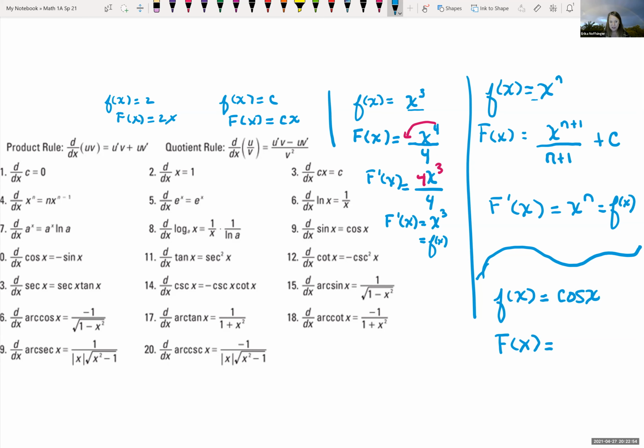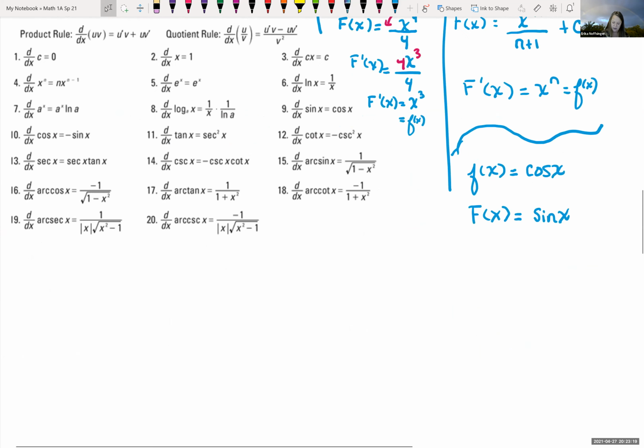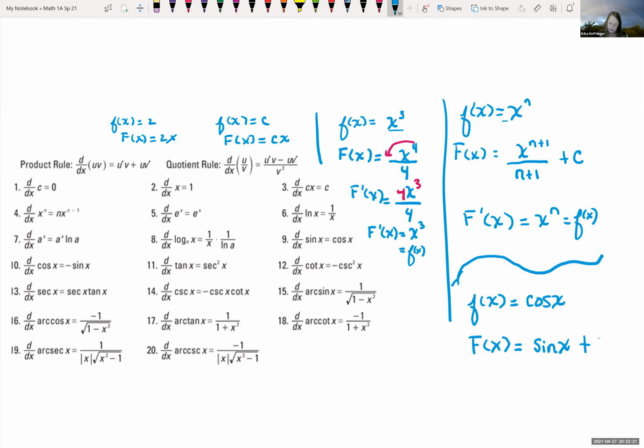If I take the derivative of sine x, I get back cosine of x. So what I take the derivative of to get back cosine of x is sine x, and then plus c.